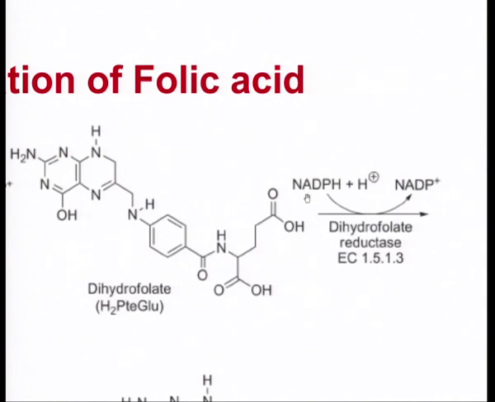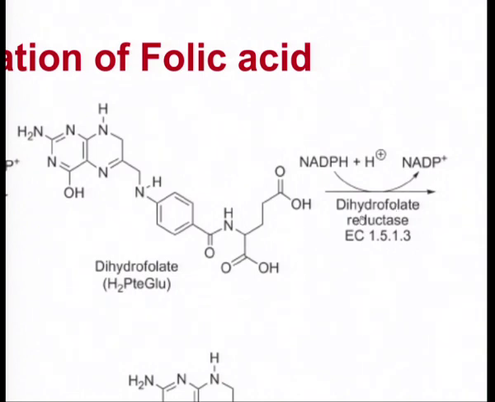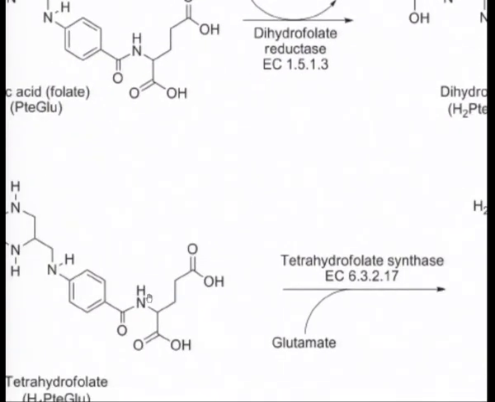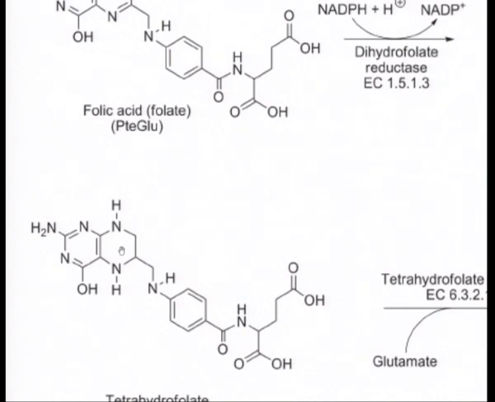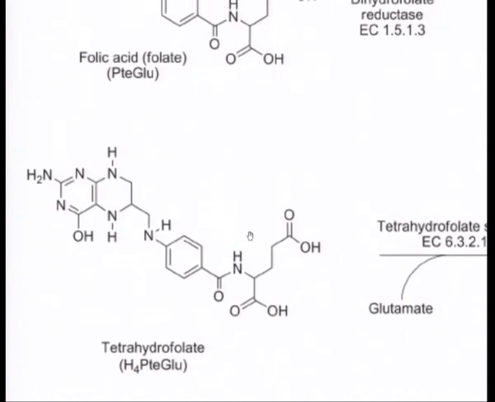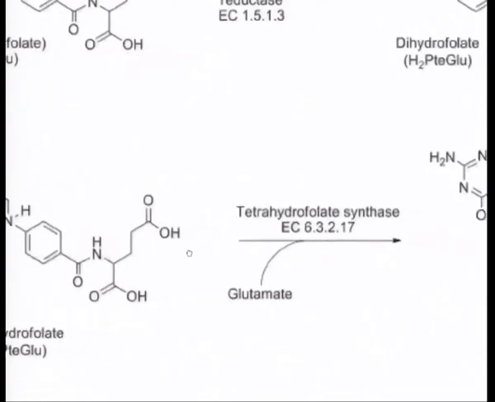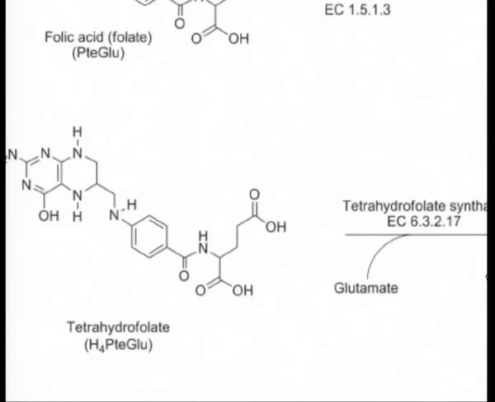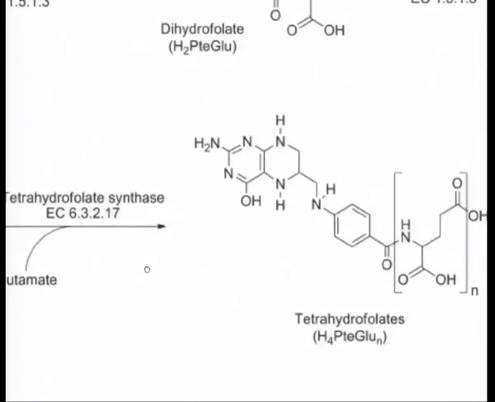Now again NADPH contributes, becomes NADP, where dihydrofolate reductase is acting. Now one part has already been reduced, and as you go further both parts are reduced. This is what we mean by tetrahydrofolate, the product of the enzyme catalyzing this reaction, and as you see there tetrahydrofolate synthase would ensure a complete transition.